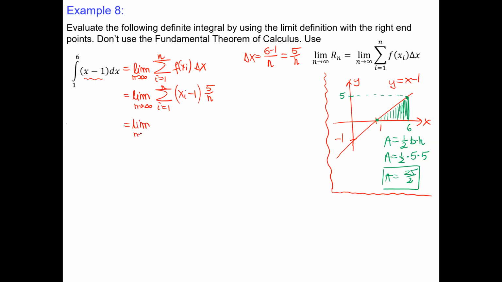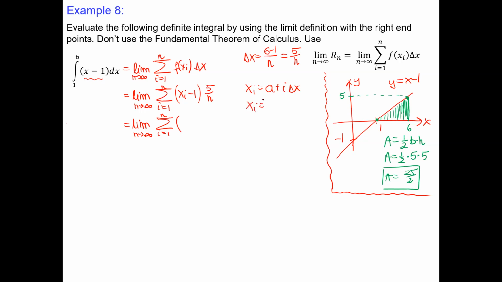Limit as n goes to infinity, summation from 1 to n. We also need the formula for the x sub i. The formula for the x sub i, for the right end sample point, is a plus i times delta x.